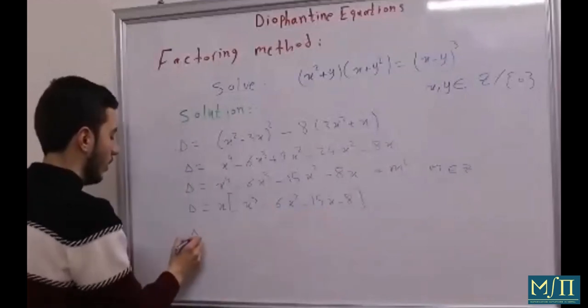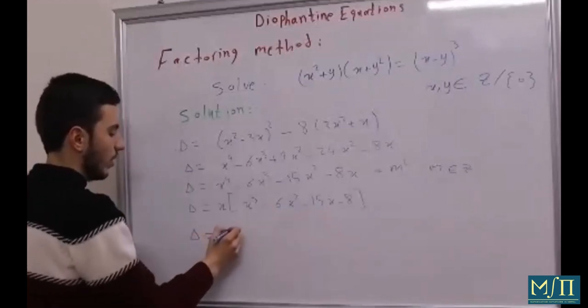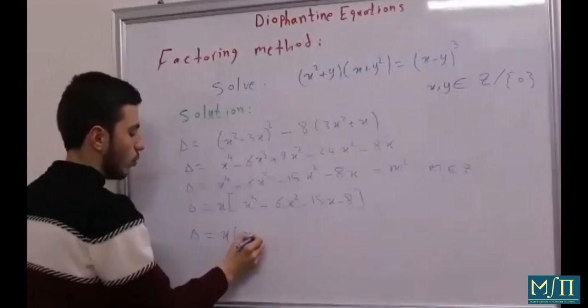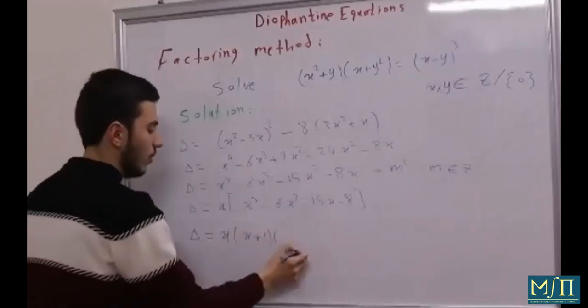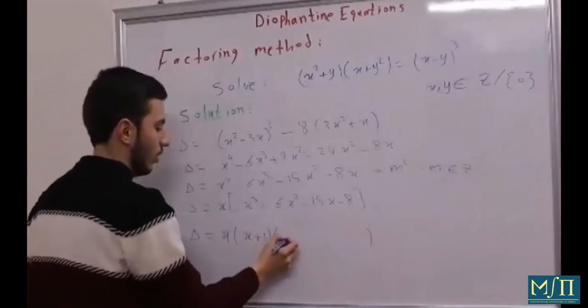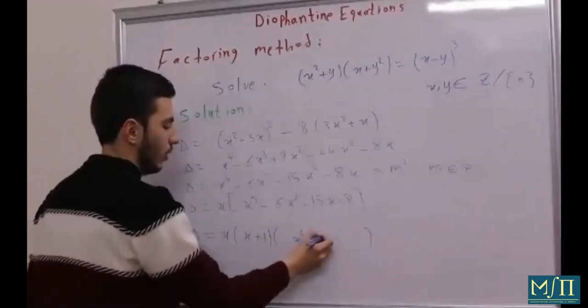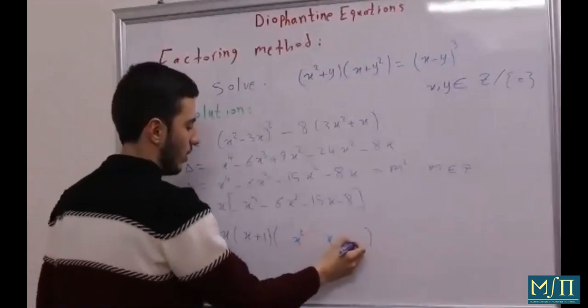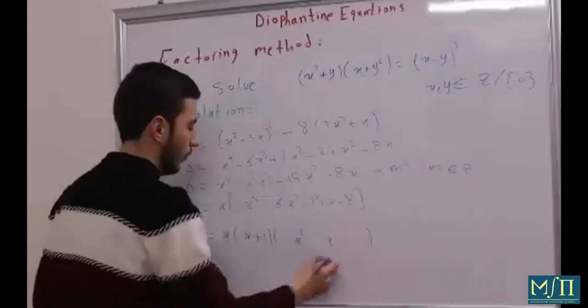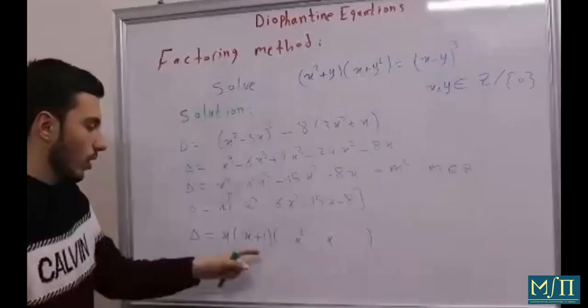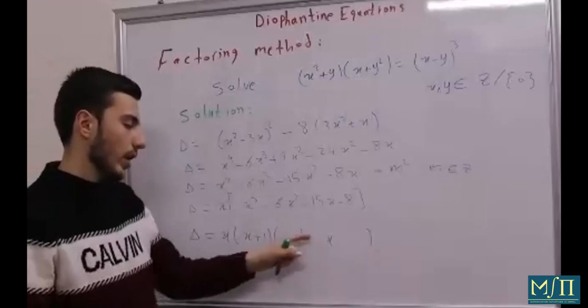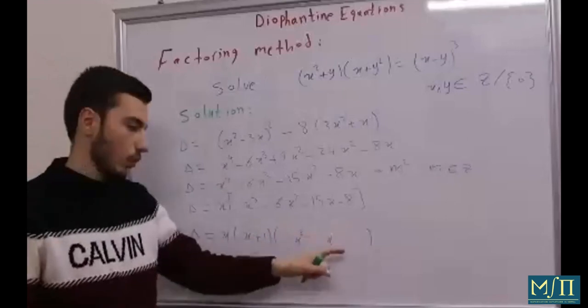So delta must be x times x plus 1 times something right here. So let's try to guess what the coefficients are.